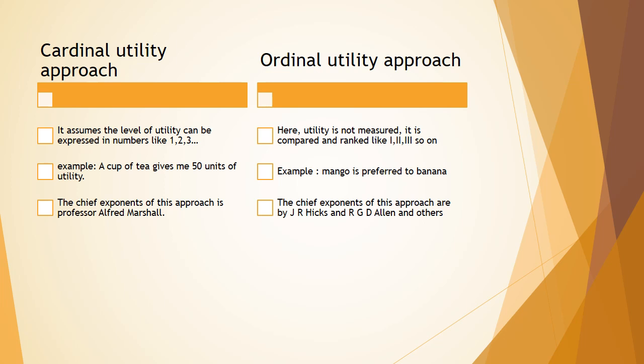According to these economists, utility cannot be measured with numbers, but it can be compared and ranked. For example, if there are two goods, say mango and banana, the consumer prefers mango to banana. So, he gives first rank for mango and second rank for banana.